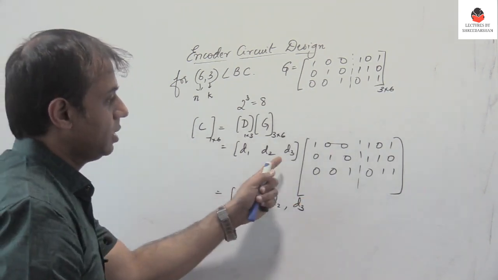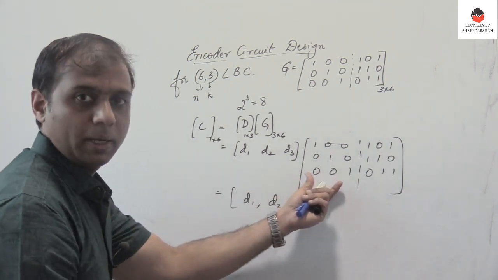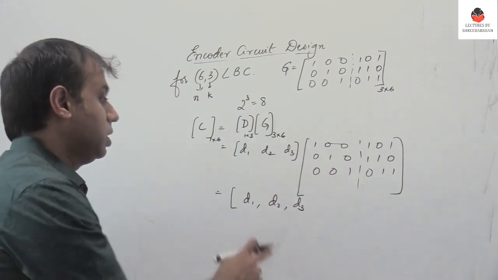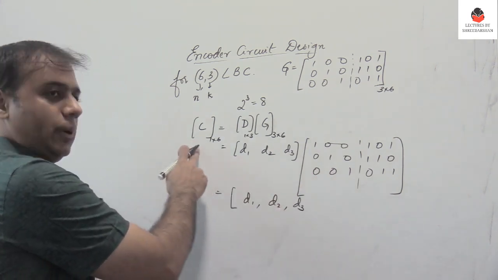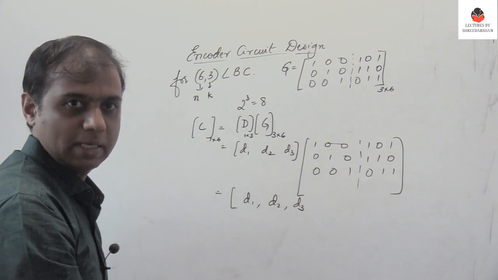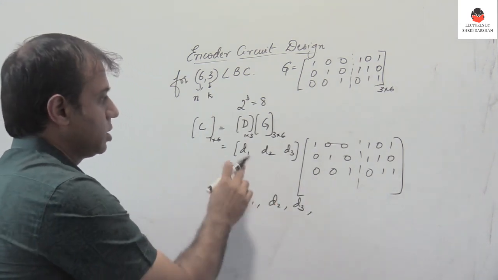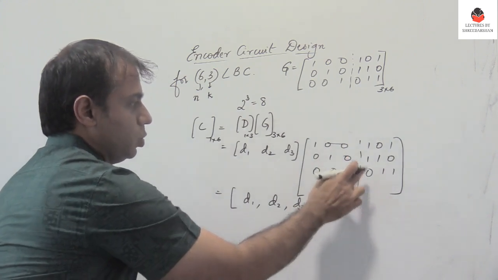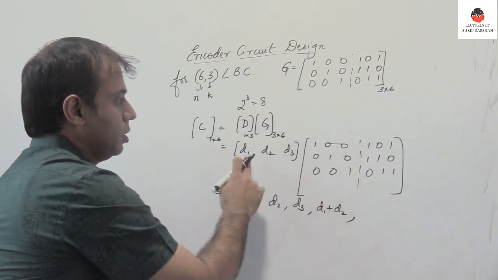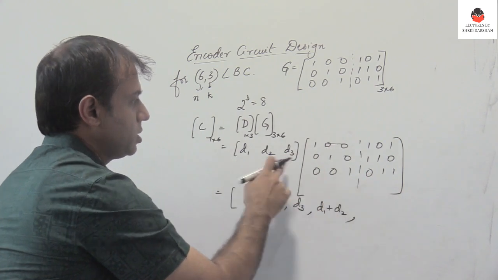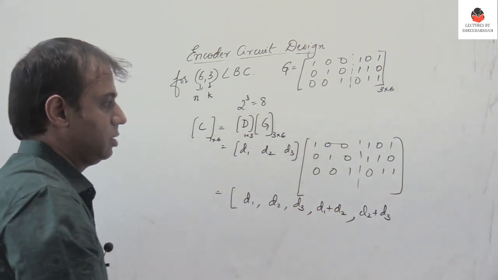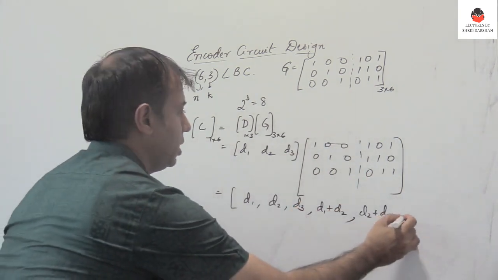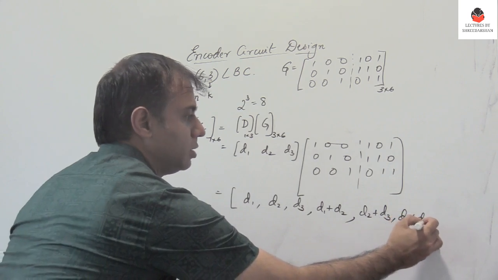Since the message vector is being multiplied by the identity matrix of order 3 cross 3, the first 3 bits of the code vector will be the message itself. Next, D1 plus D2, where D3 is 0. The fifth bit is D2 plus D3, and the sixth bit is D1 plus D3.